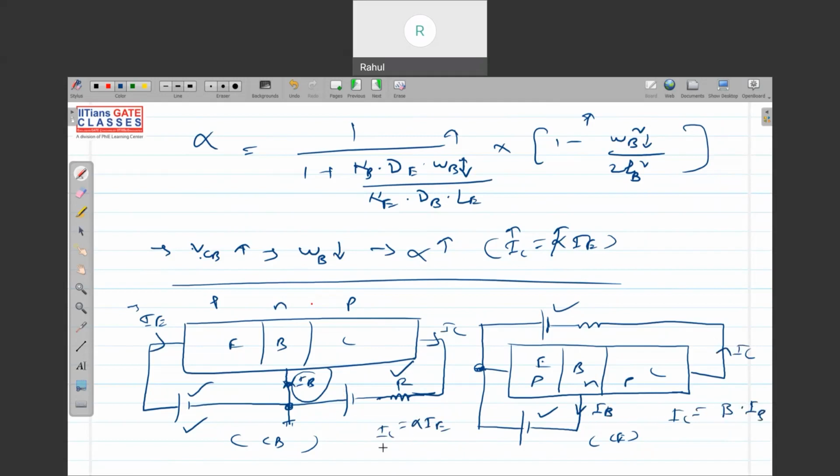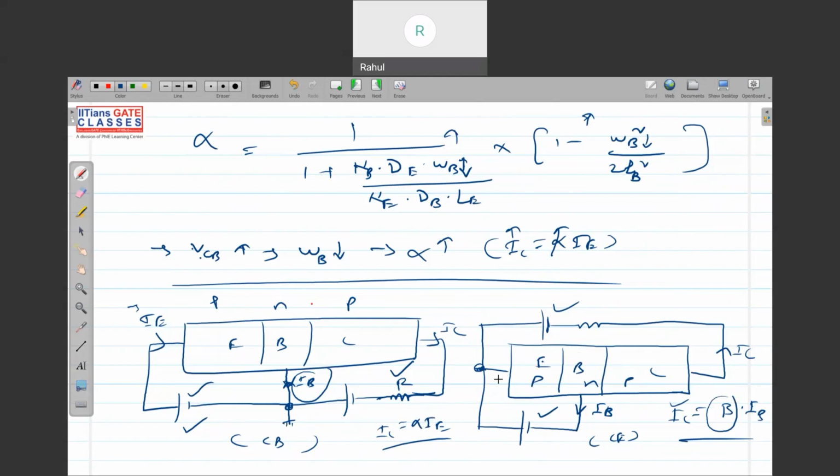In common emitter configuration, the output current is beta, the current gain, into IB. Beta is always greater than 1, whereas in common base configuration, alpha is less than 1. This common emitter configuration is very much popular compared to common base configuration.